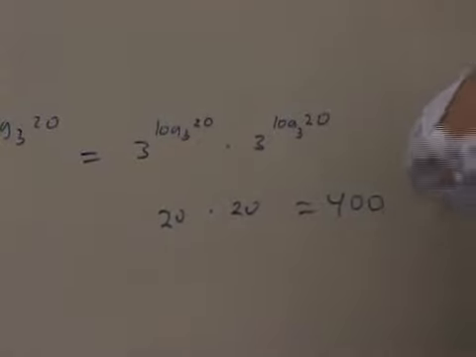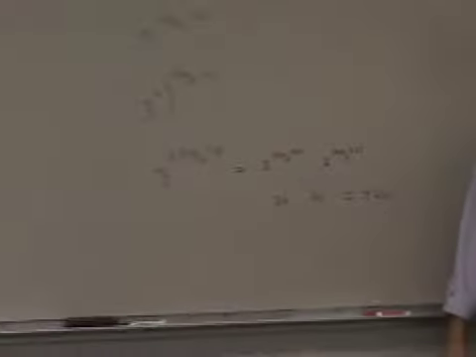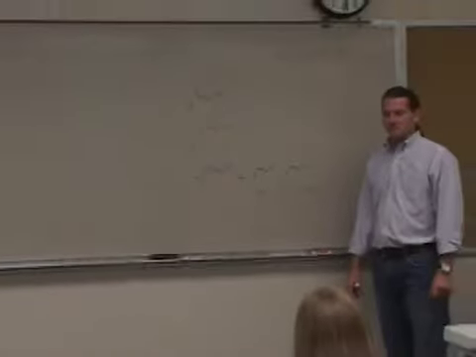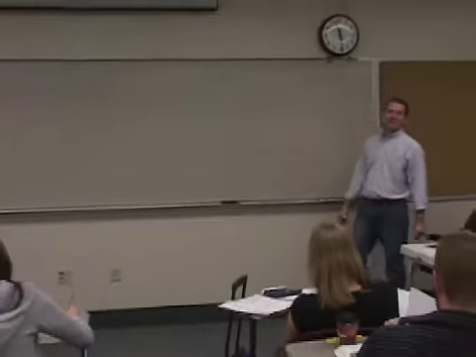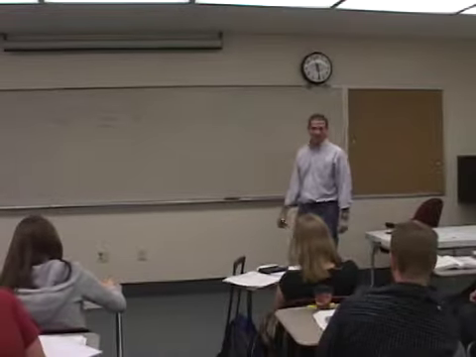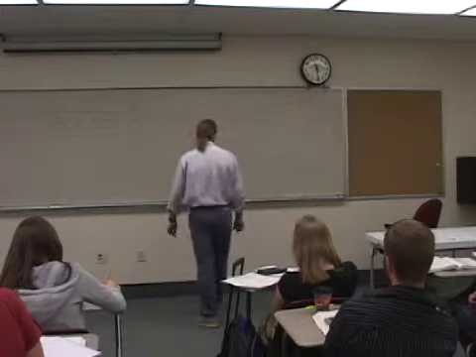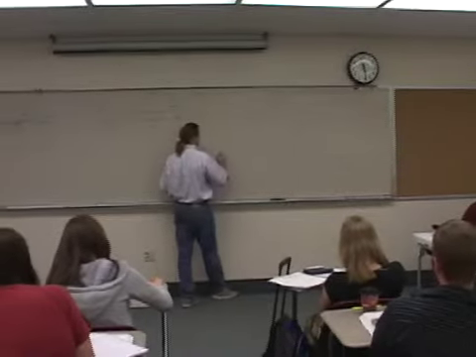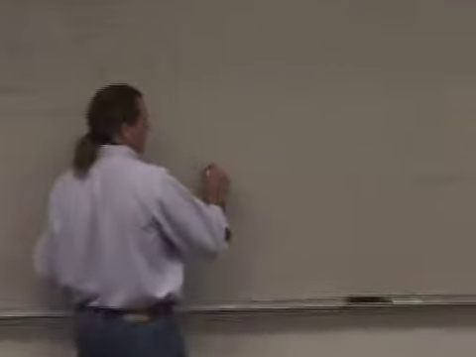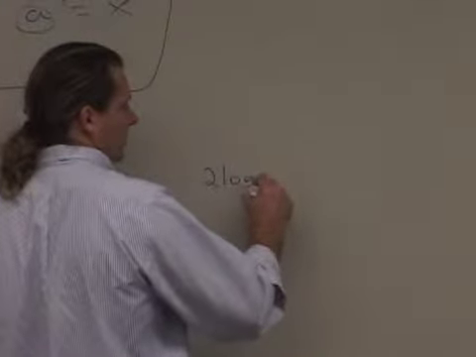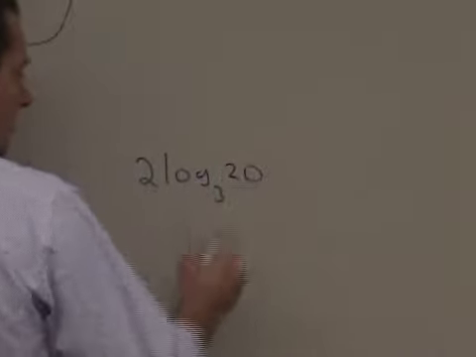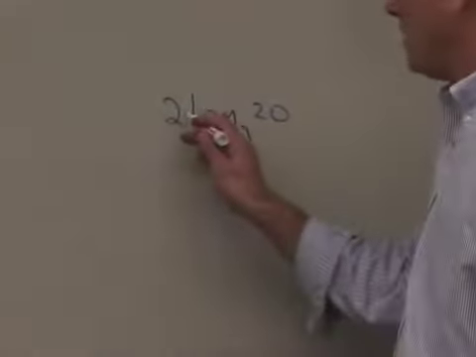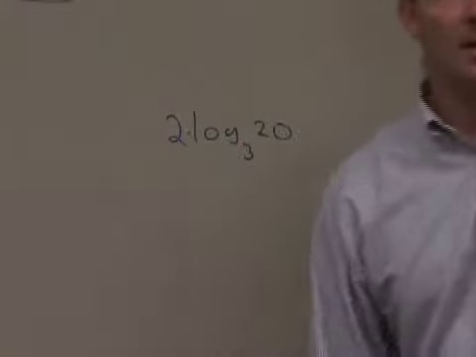Check the answers. Make sure I got it. Now there's actually another way to do this, which you haven't learned yet, but I'll show it to you now, just so when you do see it, it will be familiar. When you have a number in front of a logarithmic function, you have the ability to move that number.